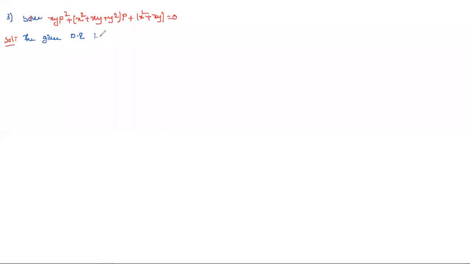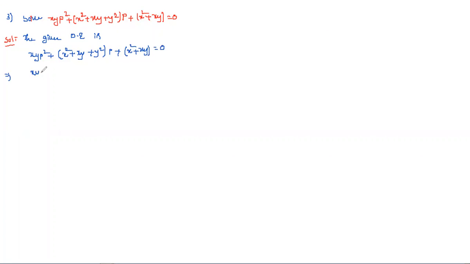is written down as it is in the question: xy p square plus (x square plus xy plus y square) into p plus x square plus xy is equal to 0. Now you can simplify this one. For simplification, just multiply p inside the terms.